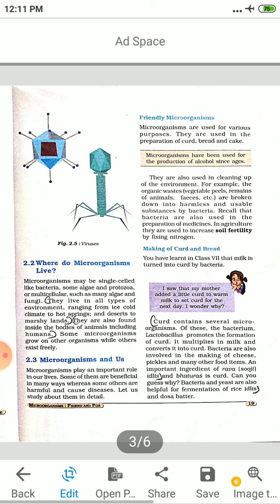Bacteria are also involved in the making of cheese, pickles and many other food items. An important ingredient of rava and bhatura is curd. Can you guess why? Bacteria and yeast are also helpful for fermentation of rice idli and dosa batter.